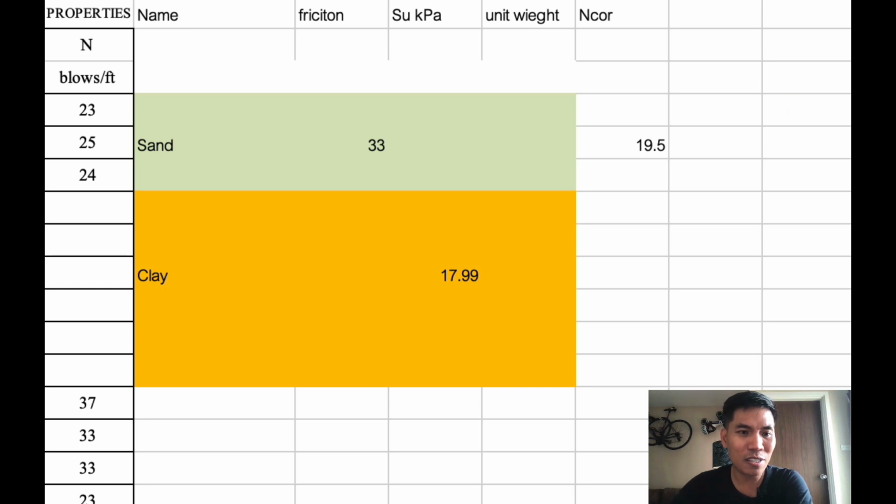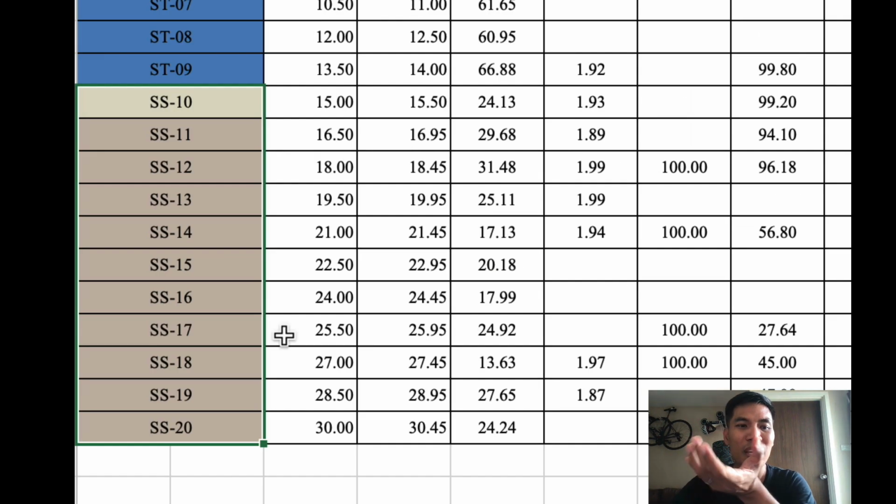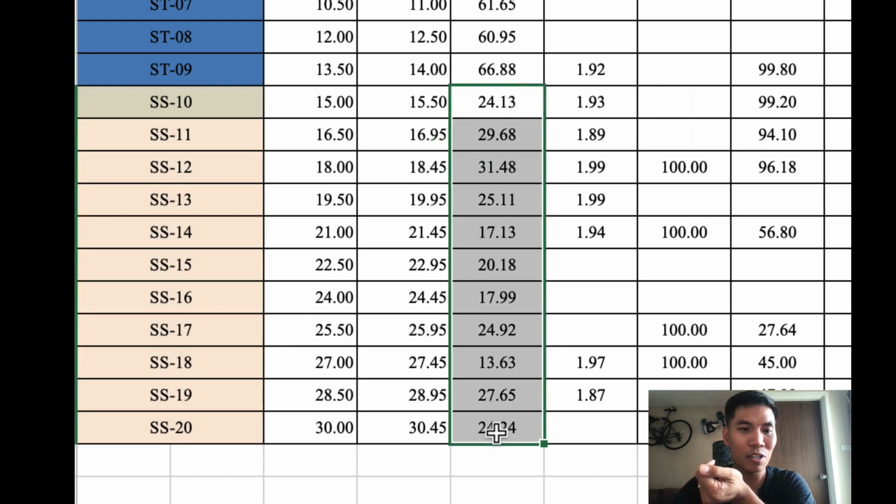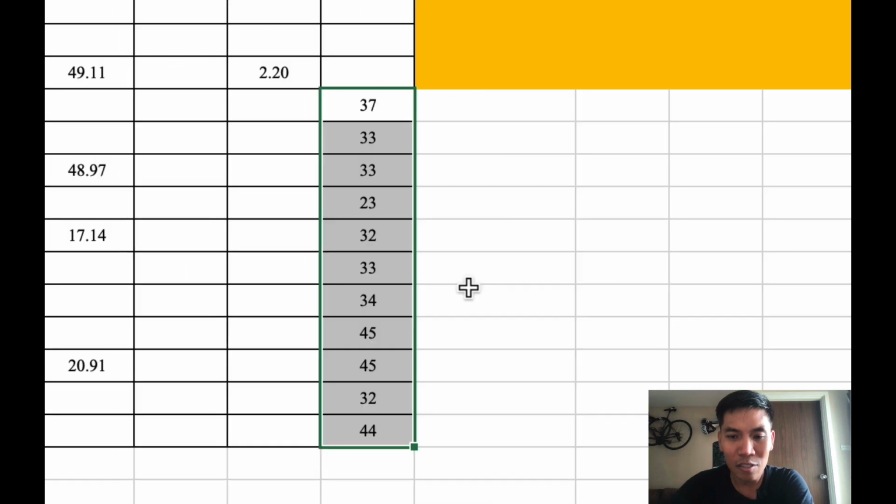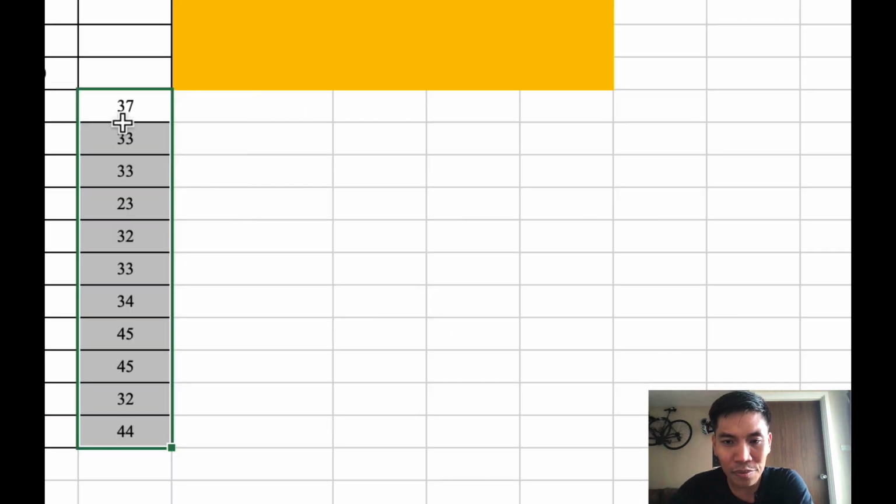Next one is SS. As I mentioned before, if we use SS or split spoon sample, we cannot use the water content anymore. We just use the N here. So what's going on with the N?